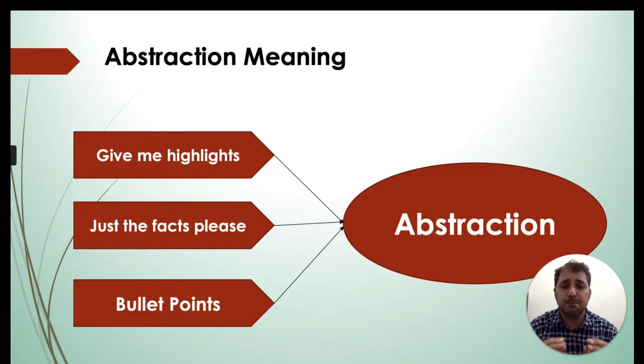That brief description is called abstraction. Like in our daily life we often say, give me some highlights, just the facts please, meaning don't go into detail, just the bullet points. So if you represent something briefly, that is called abstraction.